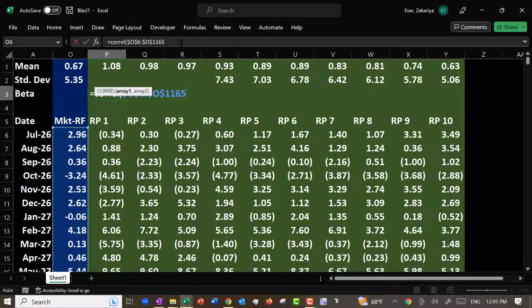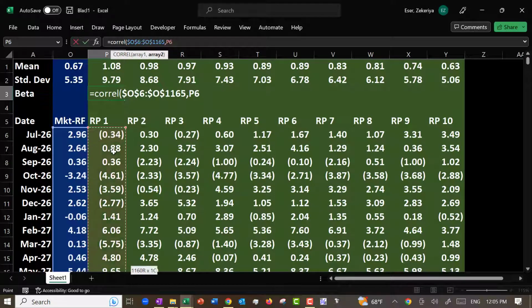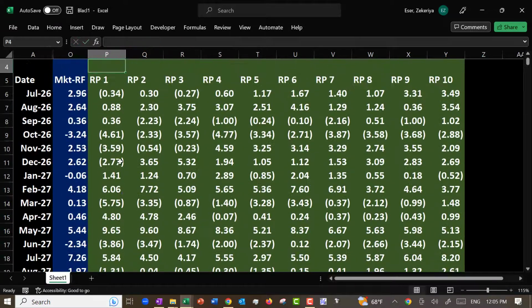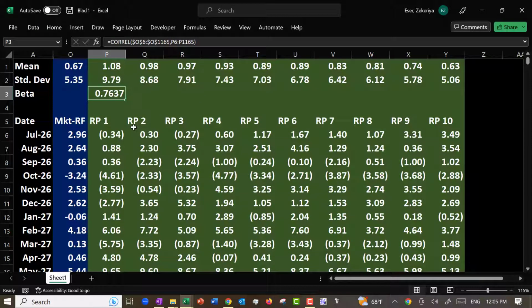Right now, I just did the correlation, and it is not terribly surprising that this is a very high correlation. After all, it is the same market, right? If the market tanks, there's not going to be any portfolio that's immune from that. For now, let's just do correlation. It's not a bad idea.